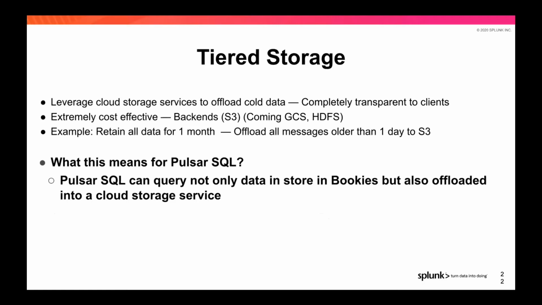This is powerful in many ways, because tiered storage is often used so that you have hot data, maybe more recent data, in your bookies, while you have older data in your tiered storage, in your object store in the cloud. And with Pulsar SQL, it's transparent to the end user. It doesn't matter where the data is; it's able to query it, no matter if it's in the bookies or offloaded into some cloud storage.